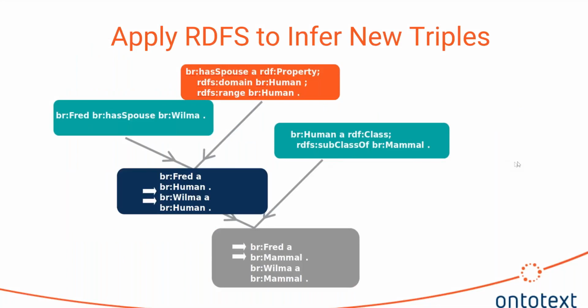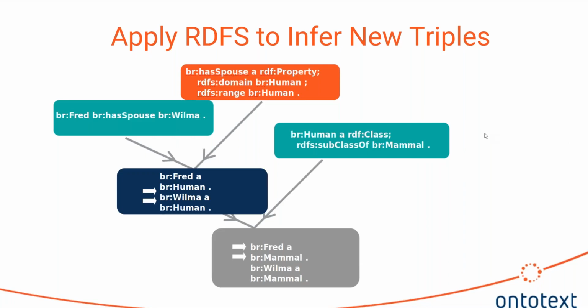Here we have a domain and a range, and a relationship has spouse. The domain of has spouse is a human, and its range is human as well. What does that mean? Well, that means that the subject of has spouse has to be a human, and the object of has spouse also has to be a human. So both spouses are human.